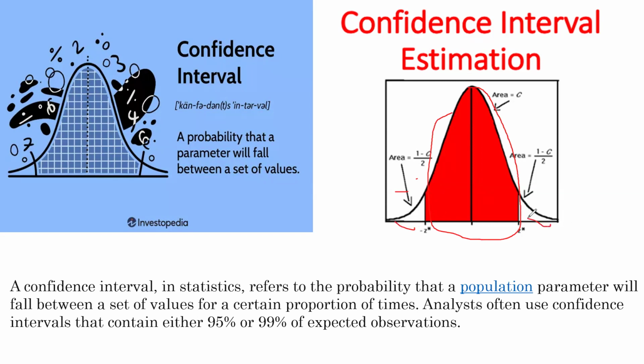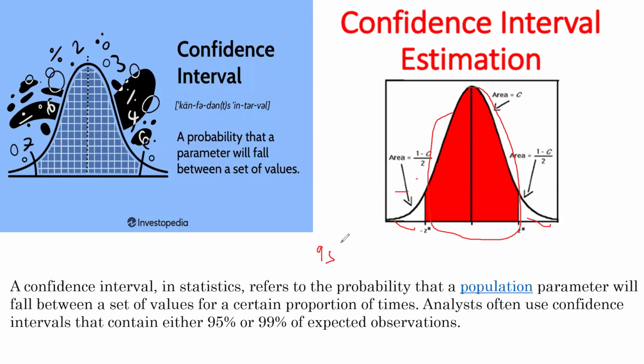The level of significance, or we can just call it the critical value. So how do we calculate the area under the curve here? First, you say 1 minus the confidence interval, divided by 2, then it will give you the value here.